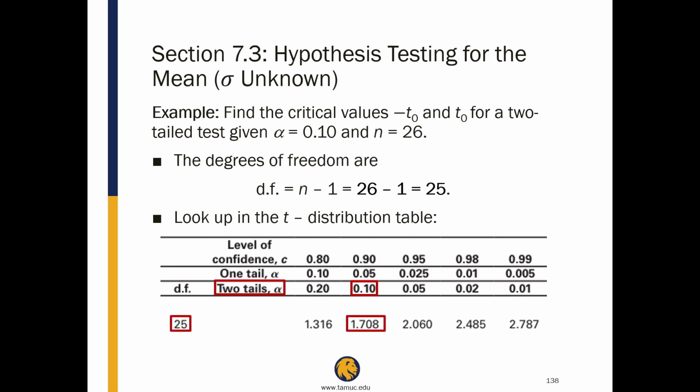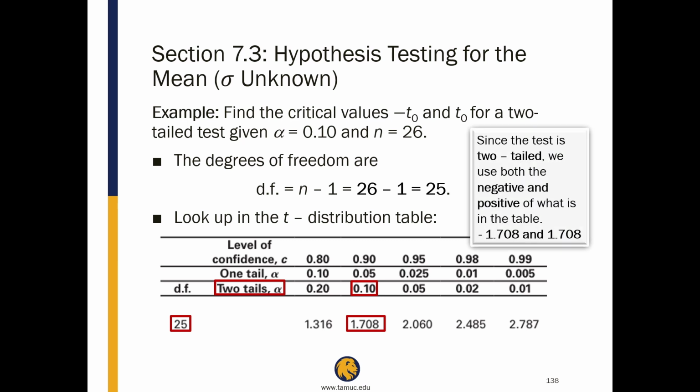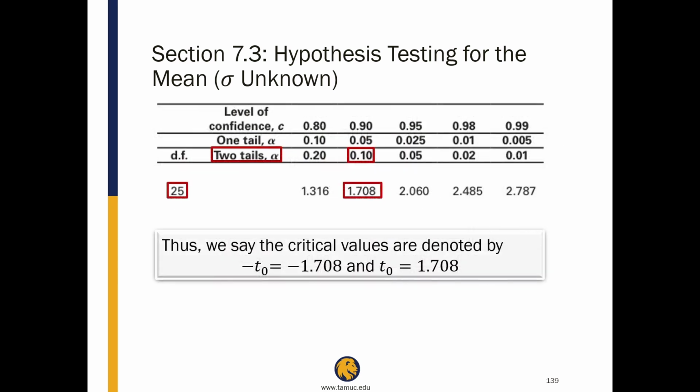And so that means our critical value is coming from 1.708. However, this is two-tailed, so we need to take it as both a negative and a positive. So we're going to use negative 1.708 and positive 1.708, meaning that our critical values would be those two numbers in this case.